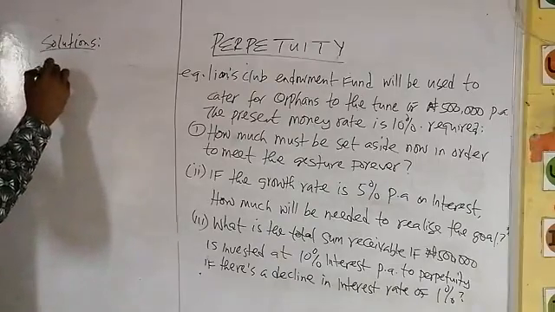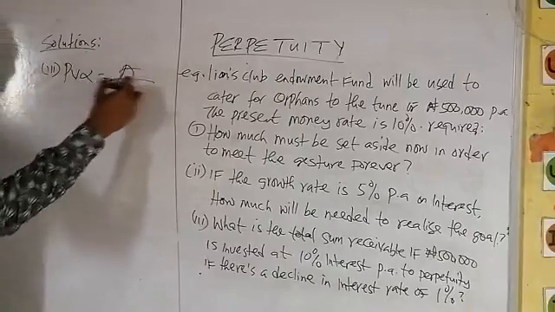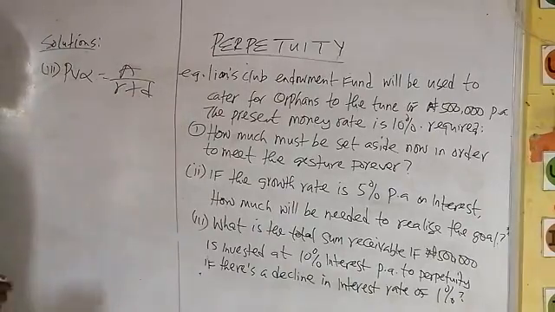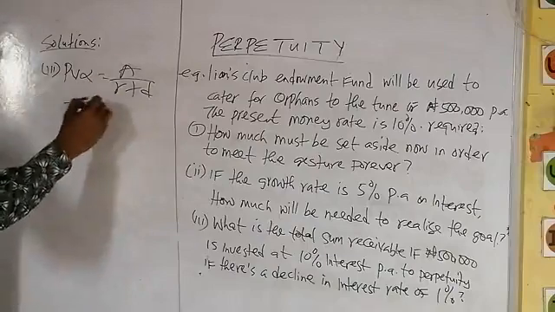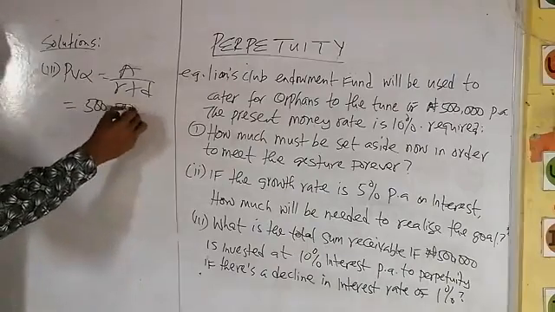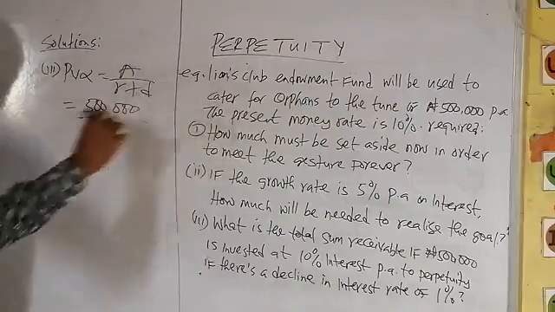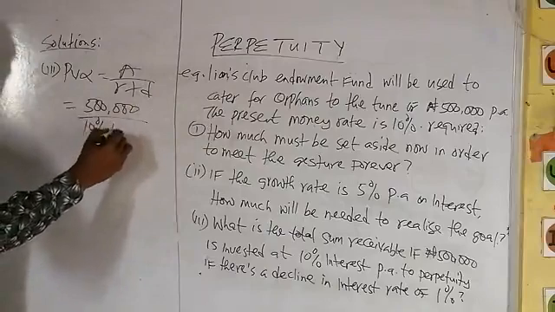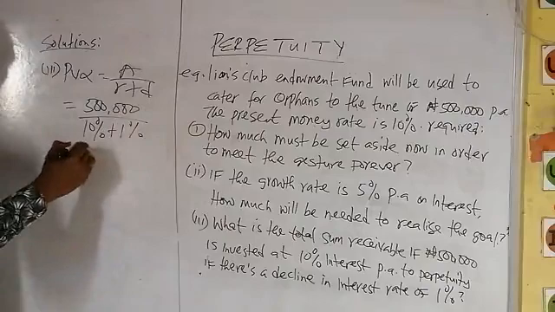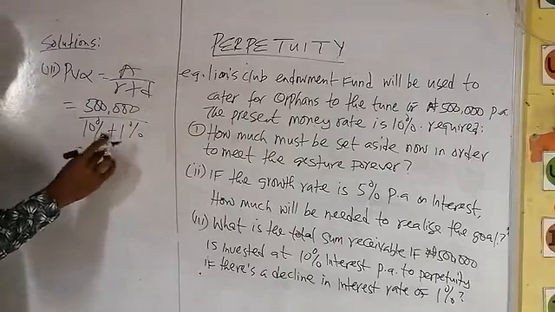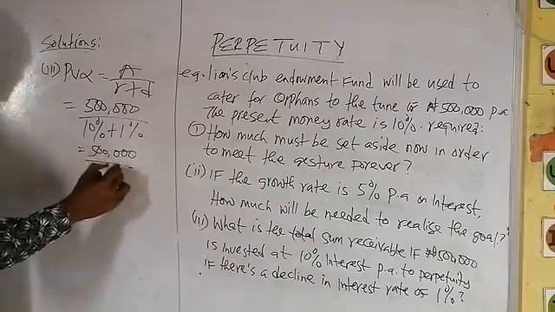So for the third part, present value of perpetuity is equal to A all over R plus D. So therefore it is equal to A, 500,000, all over the rate, 10% plus 1%. That's 11%, which is equal to 500,000 all over 0.11.